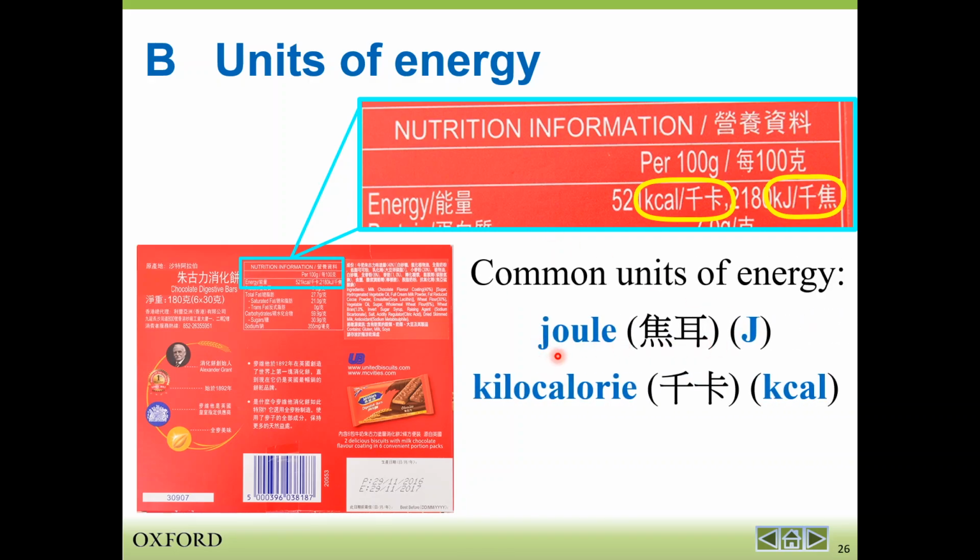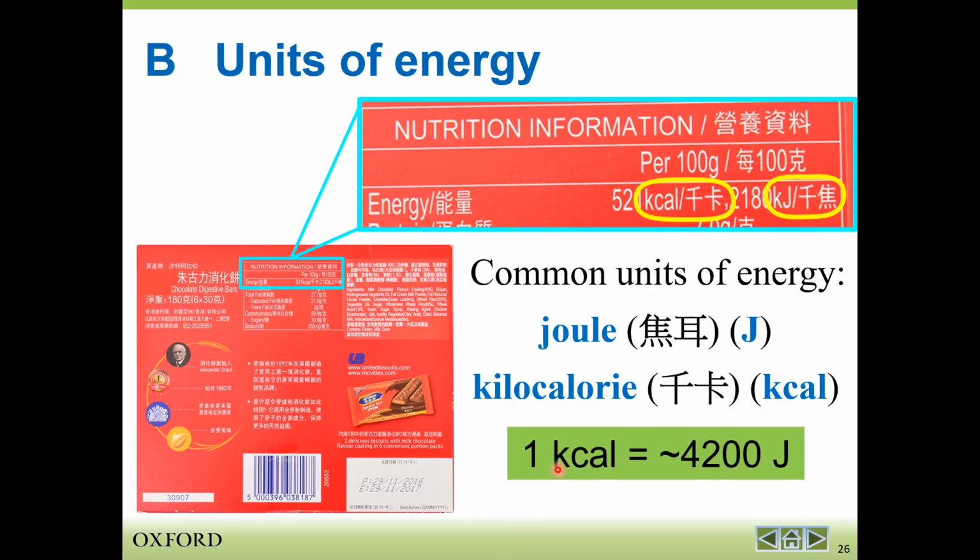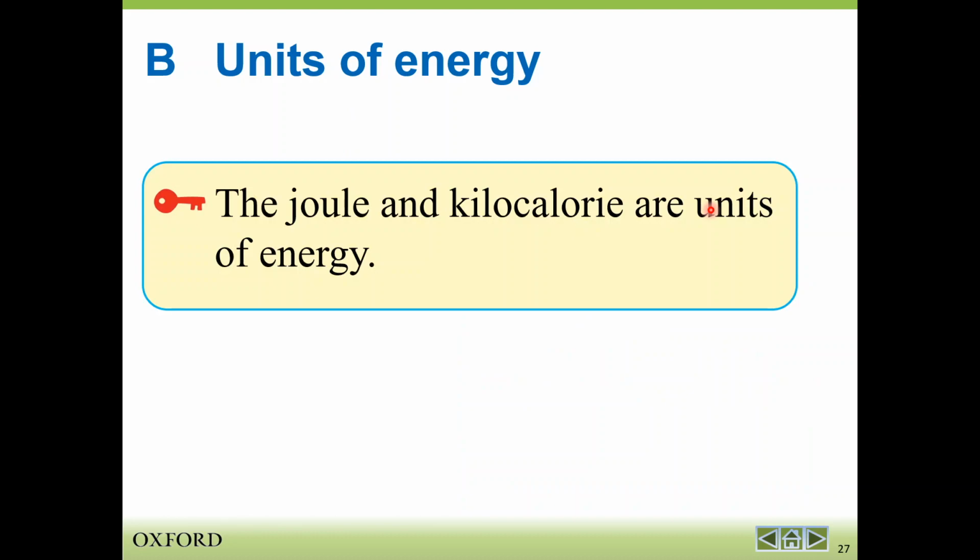The first type is the joule, and the other type is the kilocalorie. 1 kilocalorie is equal to 4,200 joules. When you look at the label of the food, you have to know that the joule and the kilocalorie are the units of energy.